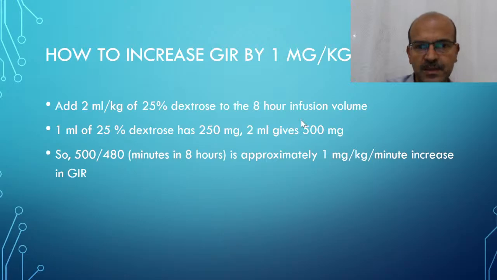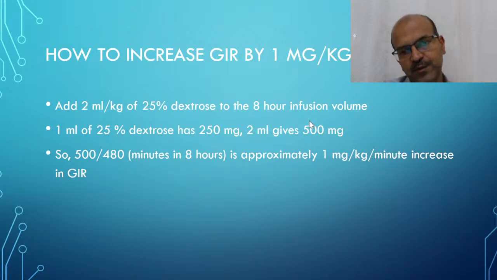So there is also a simple tip to increase the glucose infusion rate by 1 milligram per kilogram per minute. You can add 25% dextrose to that fluid at 2 ml per kilogram to the 8-hour infusion volume. If your unit is taking a 24-hour volume, you have to adjust proportionately. So 1 ml of 25% dextrose has 250 milligram and 2 ml will give you 500 milligram.